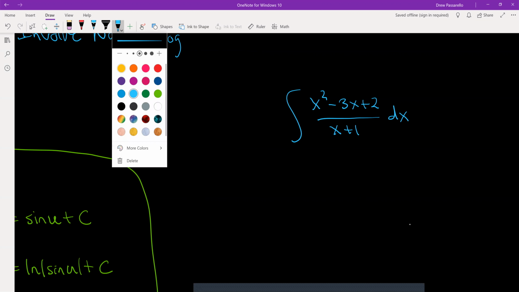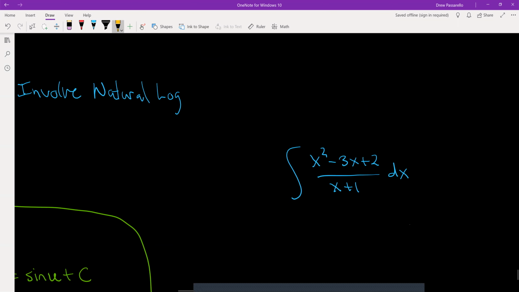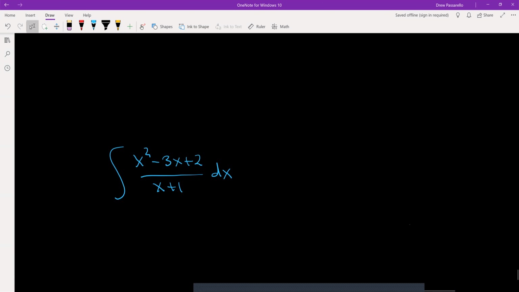All right, so we were using in the previous video the integrating natural log, where we had 1 over u du turns into the natural log of the absolute value of u plus c.